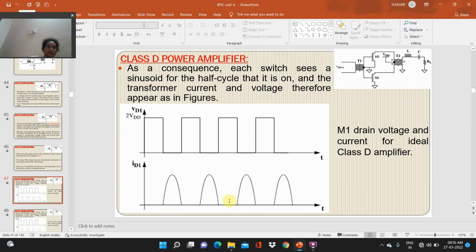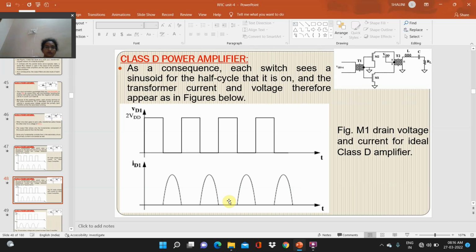As a consequence, each switch sees a sinusoid for the half cycle that it is on, and the transformer current and voltage therefore appear as in the figures. So here we have the Class D power amplifier circuit and also the voltage and current for an ideal Class D amplifier.